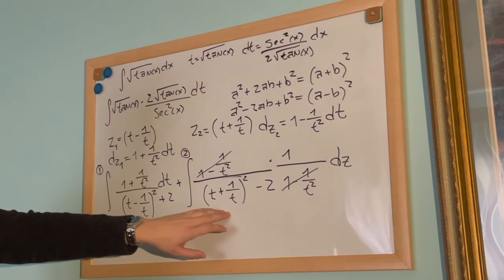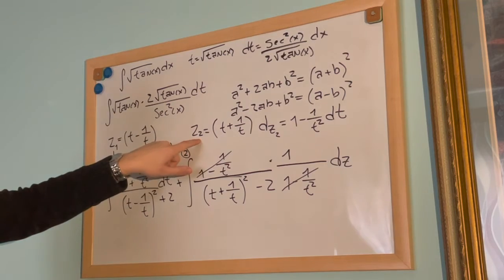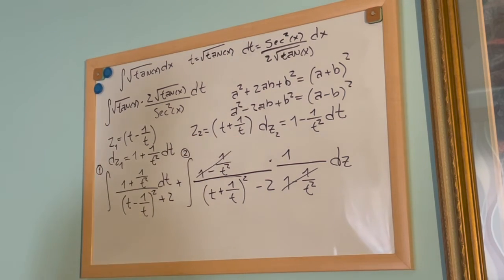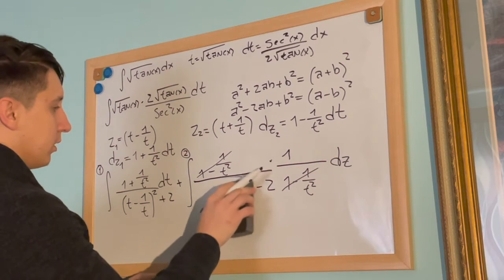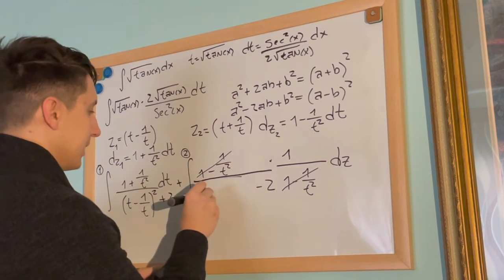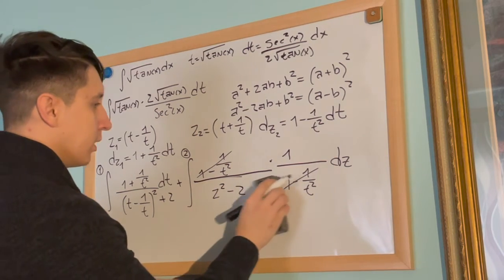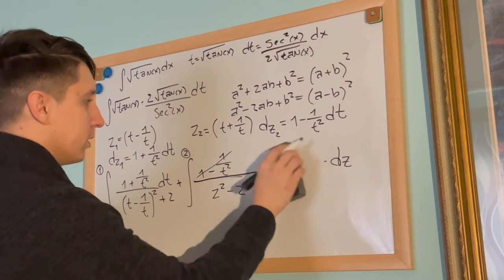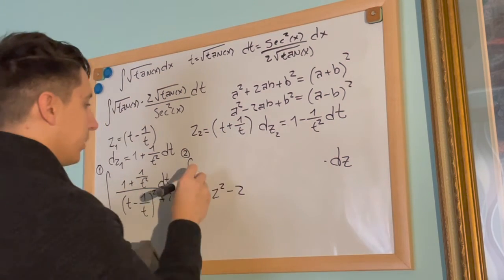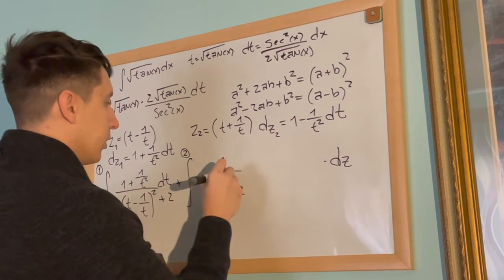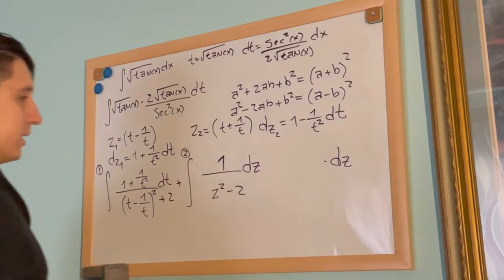And the thing is that we can actually replace this with z, because that's what that is, and this becomes z squared. So it becomes z squared minus 2. We already said that those cancel, and it's just 1, let me write that 1 better, dz, because we're in the z world now.